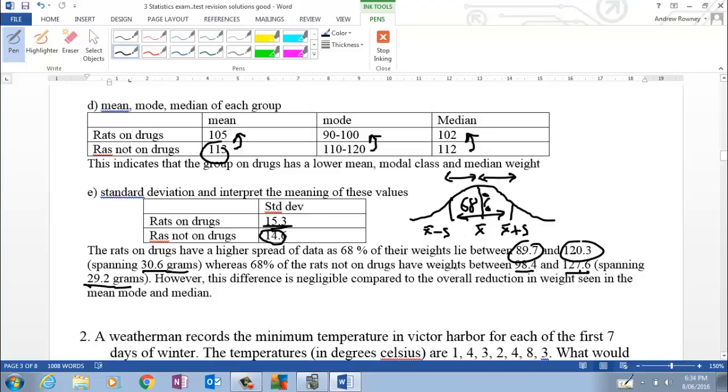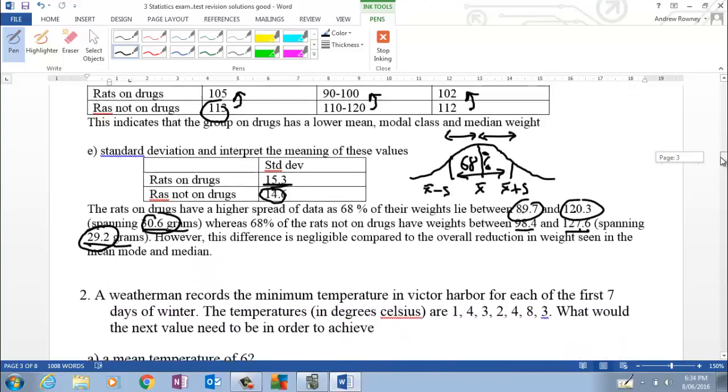For 95% it would be plus or minus 2 standard deviations, and for 99.7% it would be plus or minus 3 standard deviations. It says, however, the difference is negligible compared to the overall reduction in weight seen in the mean, mode and median. So 30.6 compared to 29.2 is not much of a change in the spread of data.